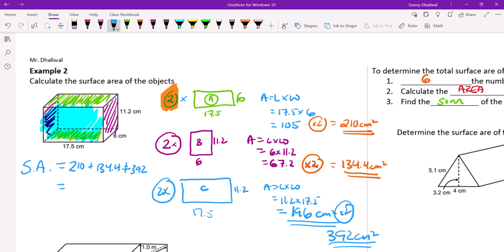What do we get? We're almost done. 736.4 centimeters squared. Okay?